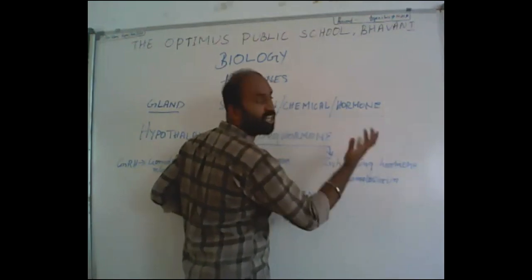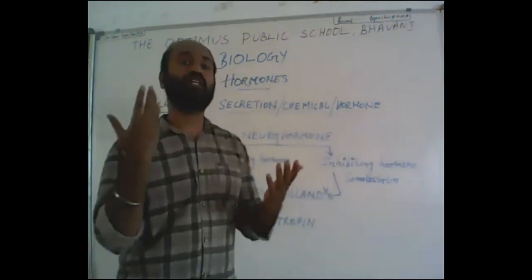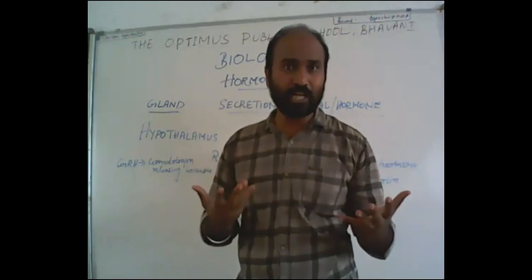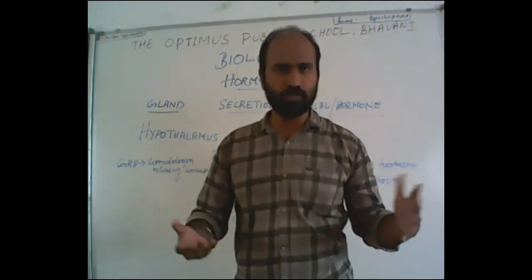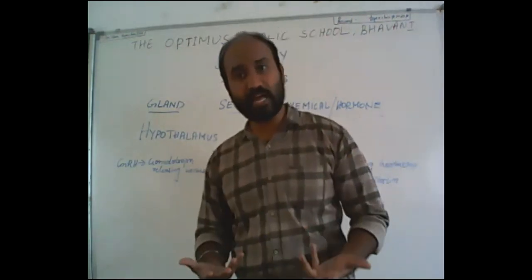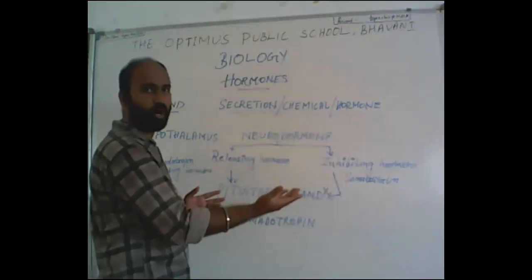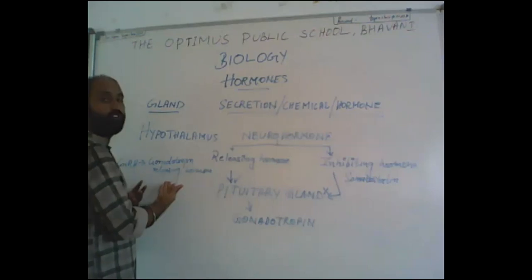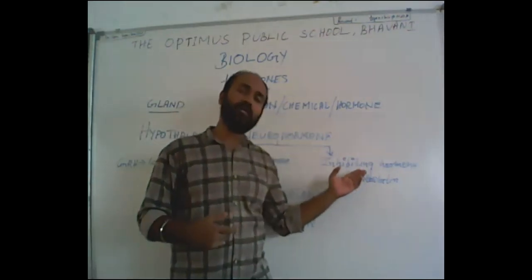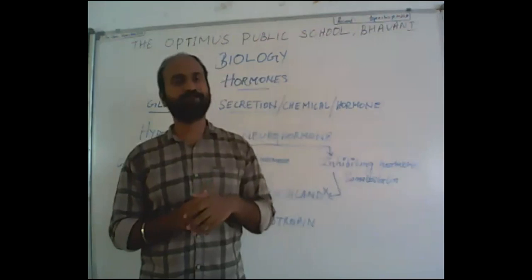Example for inhibiting hormone: somatostatin. If they ask what hormones are released by the hypothalamus, generally you can answer neurohormones. If they specifically ask you to name them, you can say releasing hormone and inhibiting hormone, for example gonadotrophin releasing hormone or somatostatin.